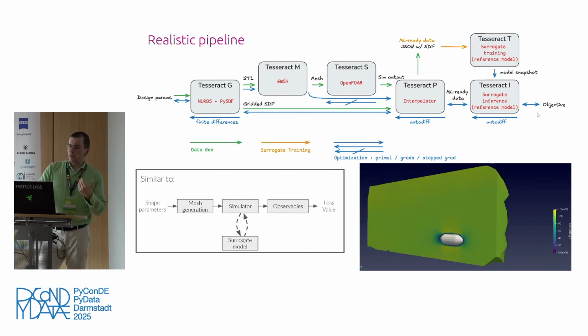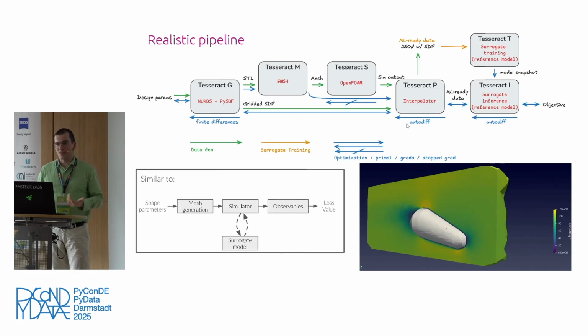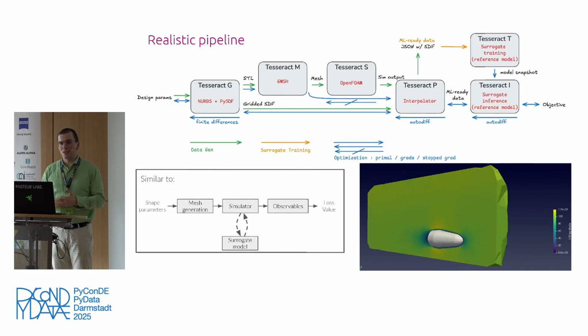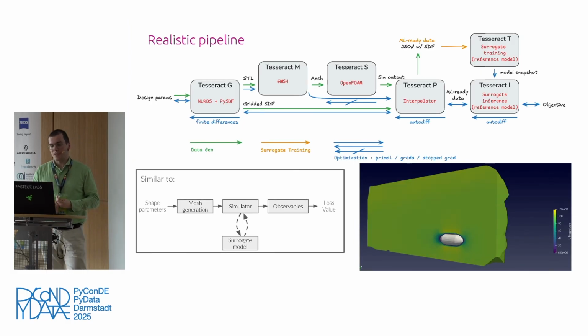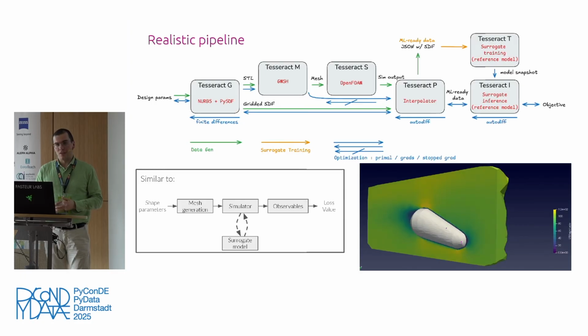And then to backpropagate here, some of these components are easy to calculate derivatives of because they are differentiable, like machine learning models are inherently differentiable, and this interpolator that we have here is as well. For instance, though, we had the issue that our procedures generating the geometry were not differentiable.